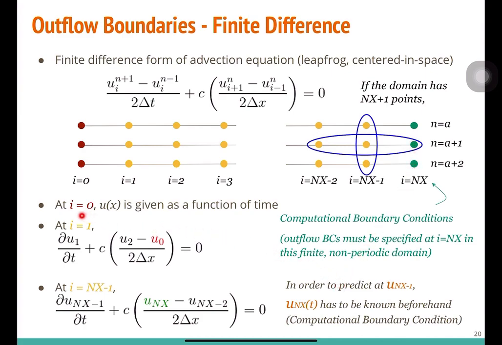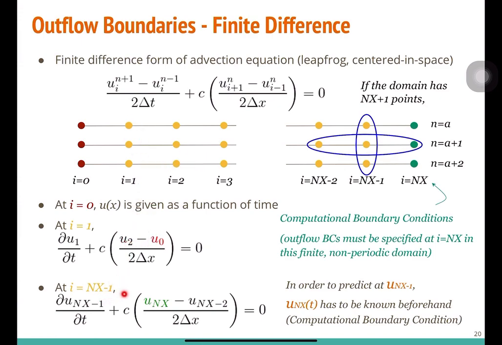Okay, so in here, i equals 0 is the inflow boundary. It's given as a function of time, so we have already covered this. And then for i equals 1, and so on, it will be determined by the values at i equals 0, right? And then the values next to it.